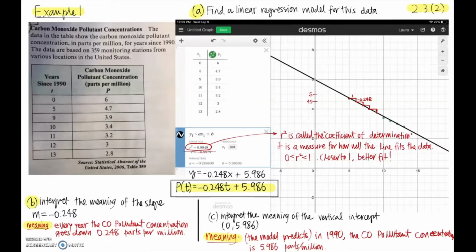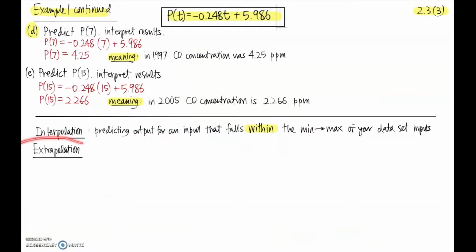So for example, if we were trying to predict a number between 0 and 13 that maybe wasn't here, like the number 8 or the number 11.5, that would be an example of interpolation. And then extrapolation is predicting output for an input that's outside of the given range of inputs.